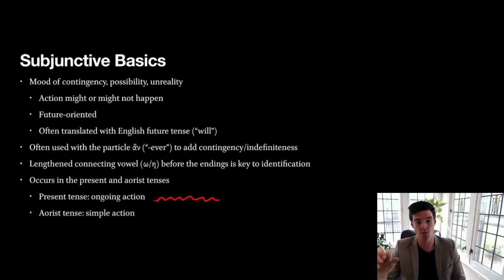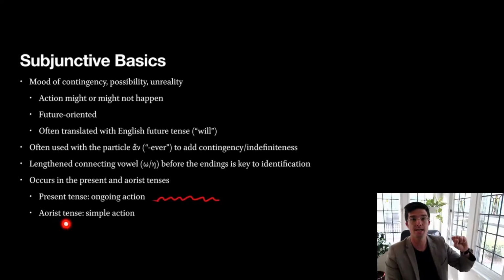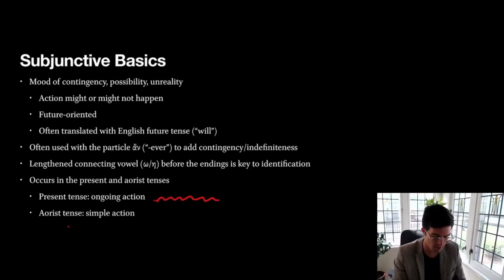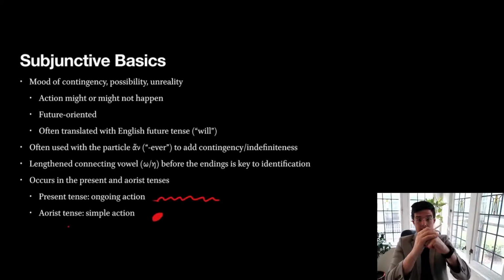It was happening over a period of time, versus the aorist tense, which in the indicative would just be he loosed. The action is viewed as a whole in past time. It's not ongoing, it's simple, and we have depicted it often this way, as sort of a dot. The action is viewed in its entirety.